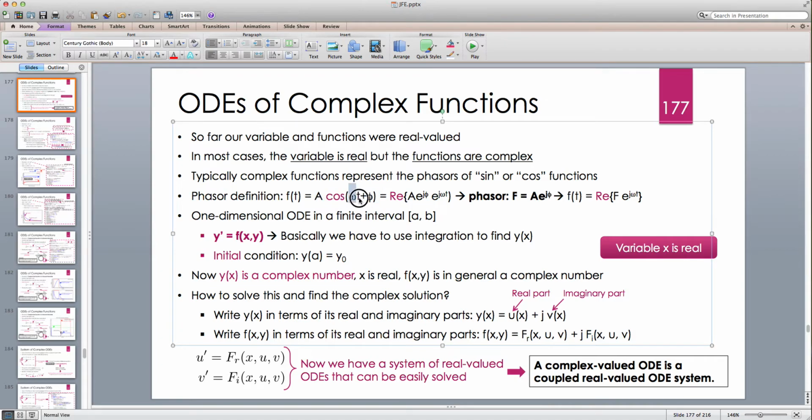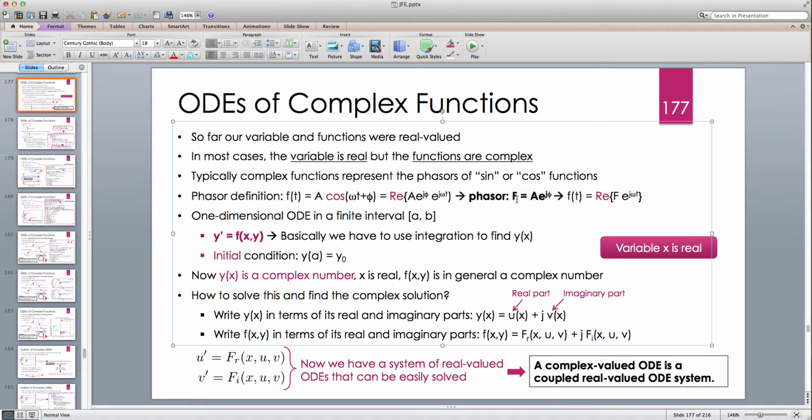And this can be very well described by the amplitude and the phase. So a times cosine of omega t plus phi equals the real part of a complex function, a e to the j phi e to the j omega t. And the phasor is defined based on the complex amplitude and phase. F, the phasor, is equal to a times e to the j phi.